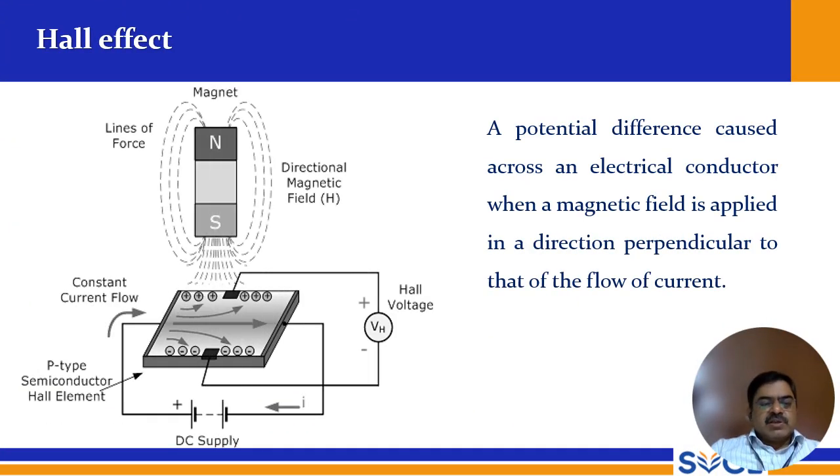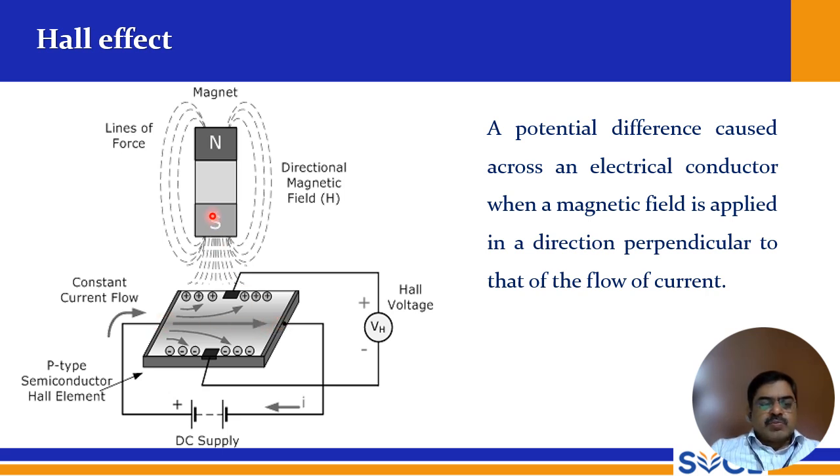So this is the working principle, and this is the slab, a p-type semiconductor Hall element, and now the supply is given to the slab at these two terminals. When there is no magnetic field, the charge carriers will pass in a straight line.